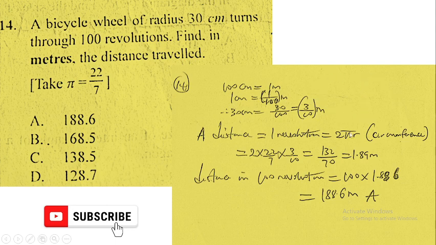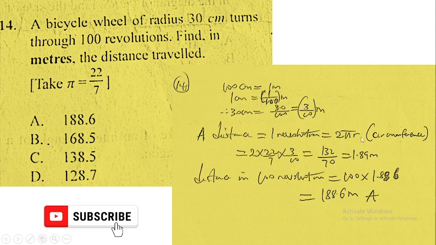So when the wheel revolves around one time, that means it will cover the perimeter of that wheel, which is 2 pi r. And that's talking about a distance. So if you can calculate 1 revolution, then you can also know 100 revolutions.